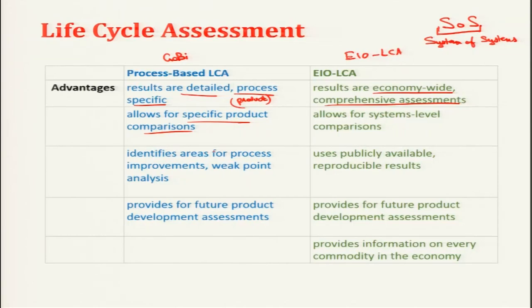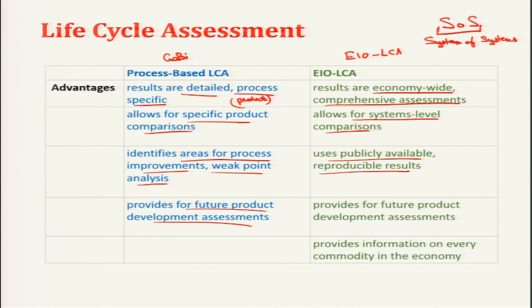Process based LCA identifies the areas for process improvements, that is, weak point analysis. It provides for future product development assessment. The economy based approach, or EIOLCA, allows system level comparison, which I just mentioned, system of systems, and uses publicly available and reproducible results.